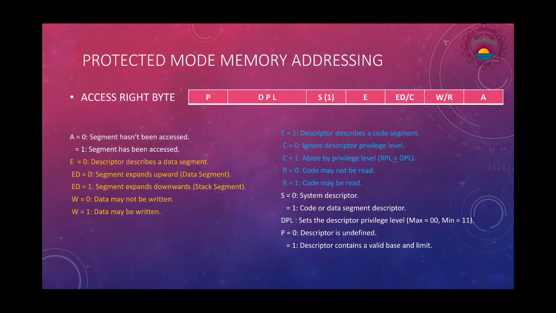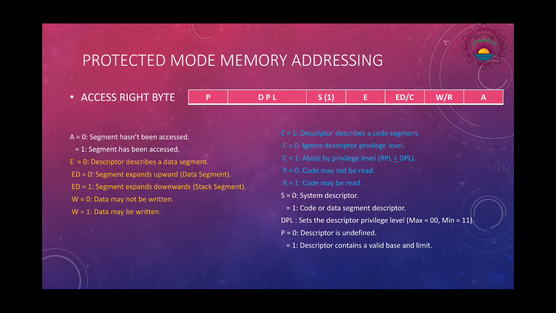You may find in this slide that the font color is changed to orange and light blue. Orange is used for discussing the data segment descriptor, and light blue is used for discussing the code segment descriptor. If the E bit is logic 0, that means the descriptor describes the base and limit for a data segment.